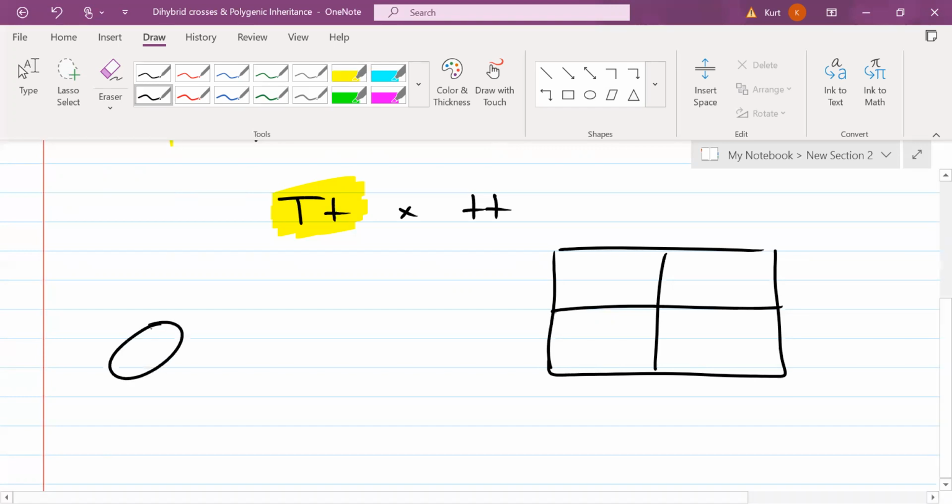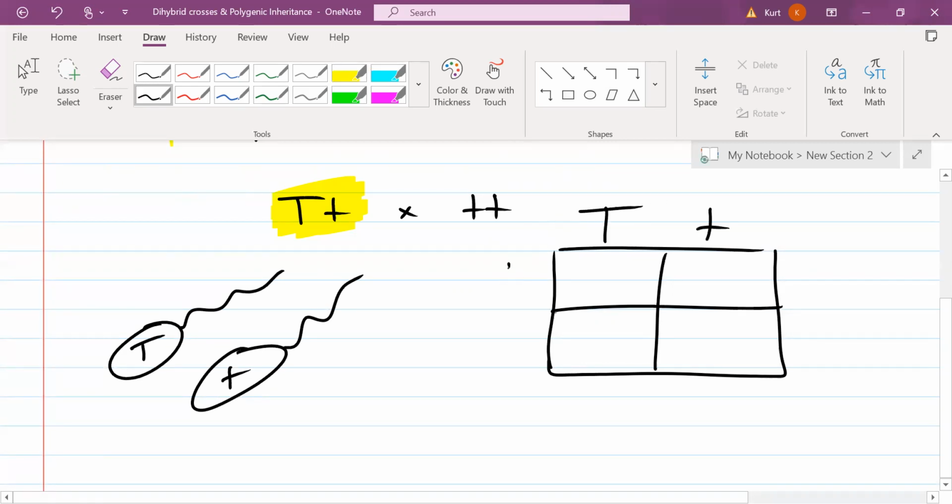It can have a sperm cell that has the dominant allele, and it can have a sperm cell that has the recessive allele. And as for the female, the egg cells, it's going to be both recessive. So there's a sperm, there's an egg. Those are easy enough.